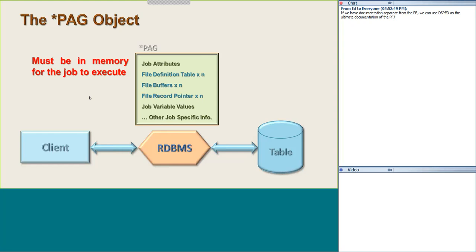I was saying the PAG needs memory space for the job to execute. When a job interrupts, another job gets an opportunity to run, and PAGs get swapped in and out accordingly. It is a common fallacy that the IBM i or any computer can do more than one thing at once.